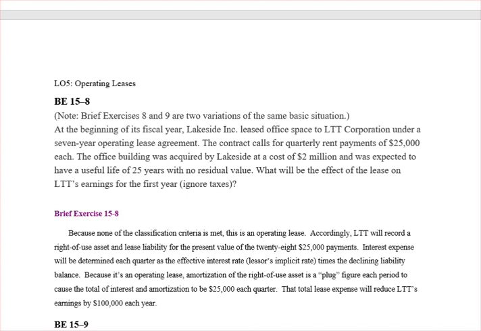The exception is if it were a finance lease in a short period of time, then you get away with doing things differently. This is not that exception, though, because you're going to pay 7 years of it. So the general rule: the lessee has to record a right of use asset and a lease payable for the present value of the streams. We know that.